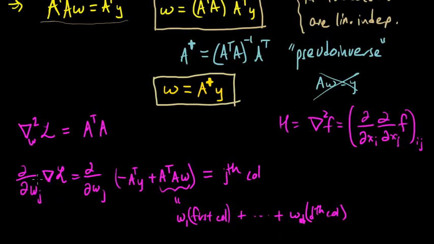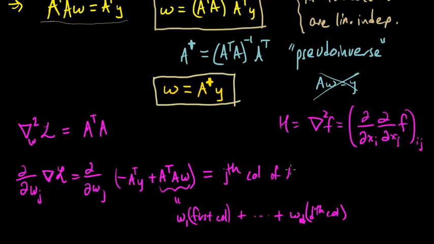And so that gives us one column in this Hessian matrix, and so it gives us the jth column, in fact.